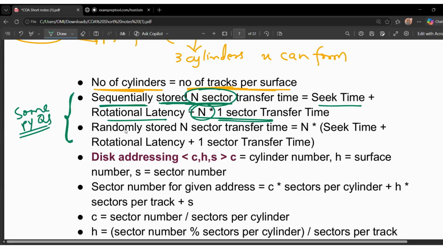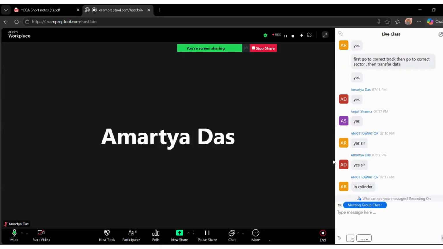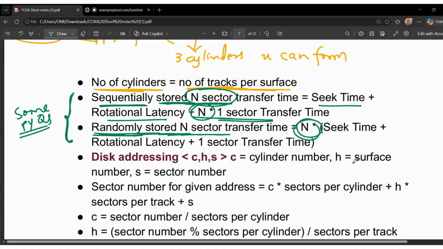But if you store randomly, n sectors randomly, right? Each and everything will be random, and you have to transfer n sectors. So n times you require seek, then rotation latency and one sector transfer time.